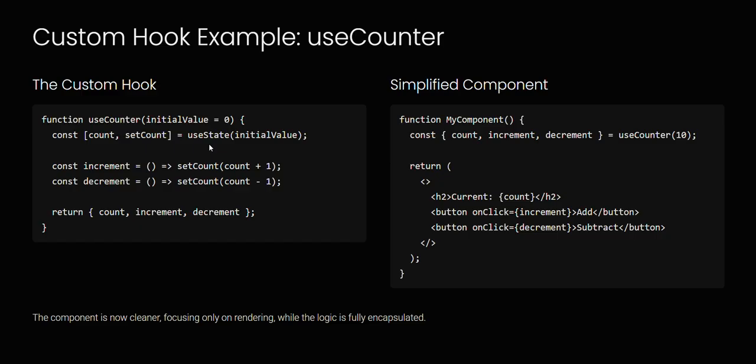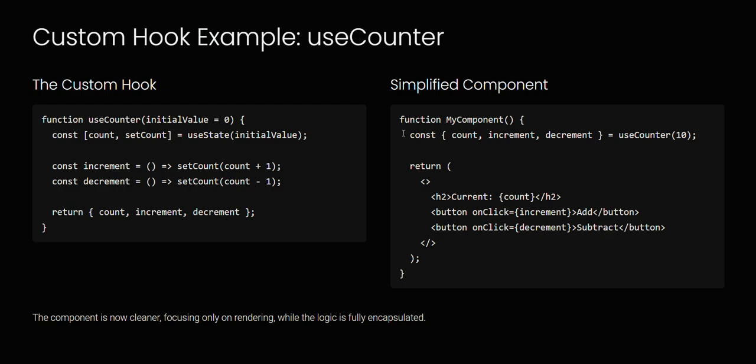Inside it uses the standard built-in hook useState. We then define the specific operations, increment and decrement, which contain the actual logic for updating the count. Finally, we return the necessary values: count, increment, and decrement.